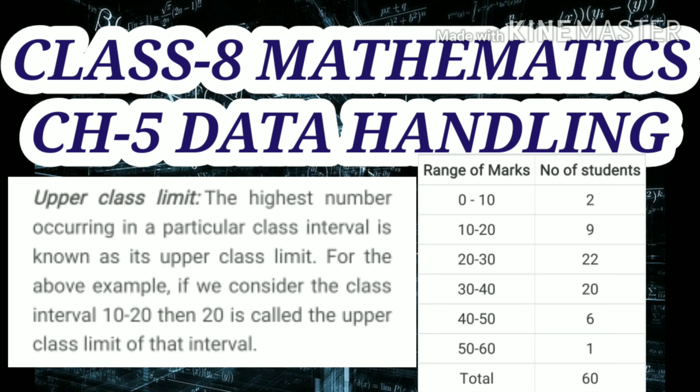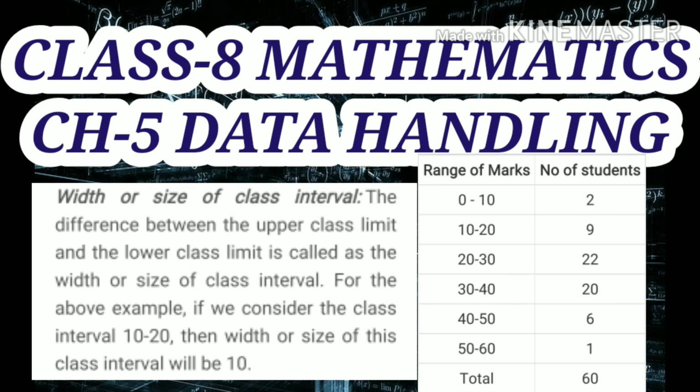For class interval 40 to 50, the upper class limit is 50. And for class interval 50 to 60, the upper class limit is 60. So children, it's very easy to find the upper class limit. You can easily find it by just looking at the class intervals.